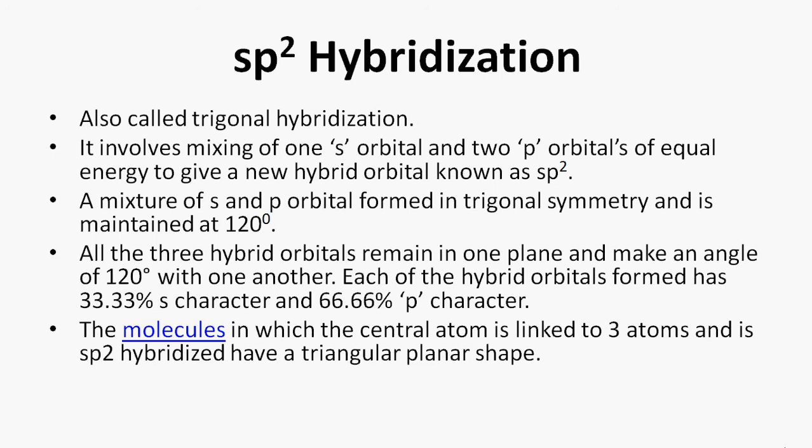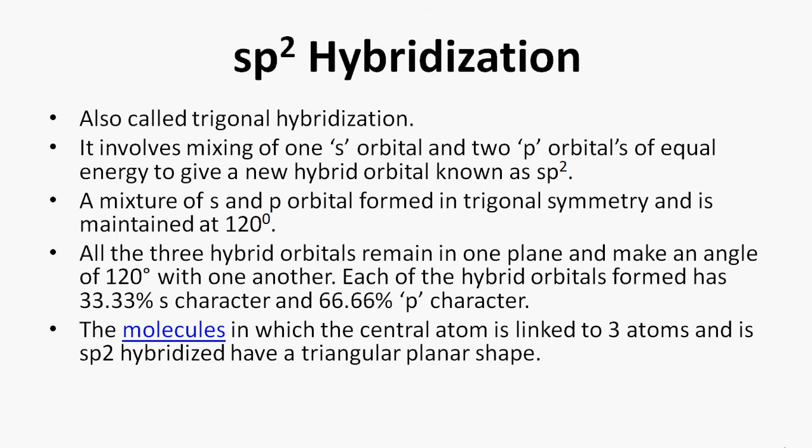Each of the hybrid orbitals formed has 33.33% s character and 66.66% p character. Because there are two p orbitals taking part and only one s orbital, that is why there is this variation in the s and p character.